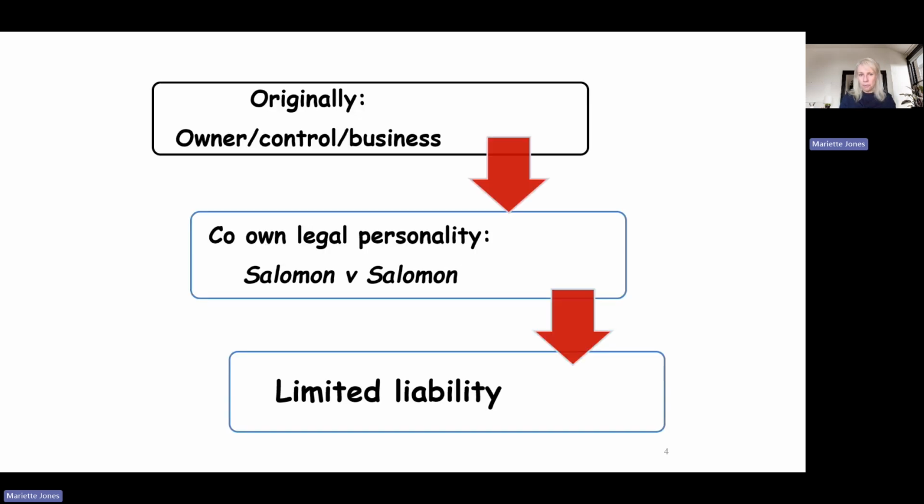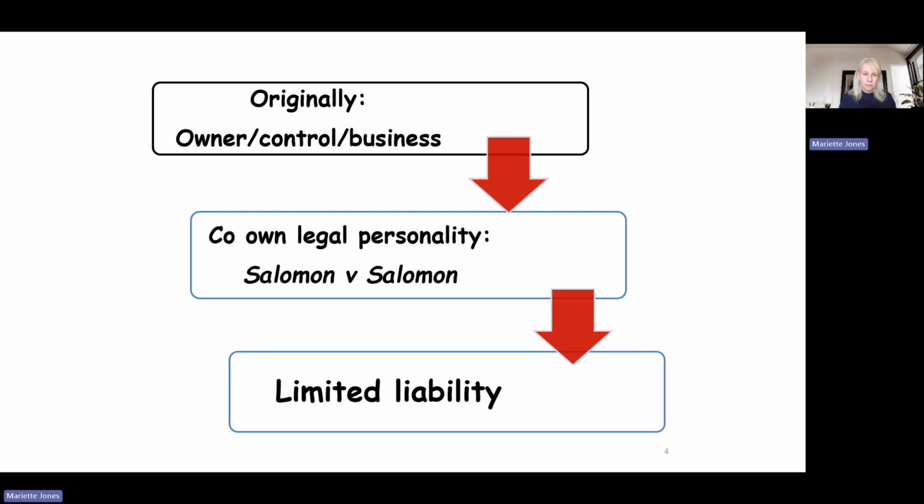Now, originally, you'll remember that companies very closely resembled partnerships. But then we had the very groundbreaking decision in Salomon versus Salomon, in which we recognized that companies have their own separate legal personality and that therefore we could limit the liability of the people who actually own the company.